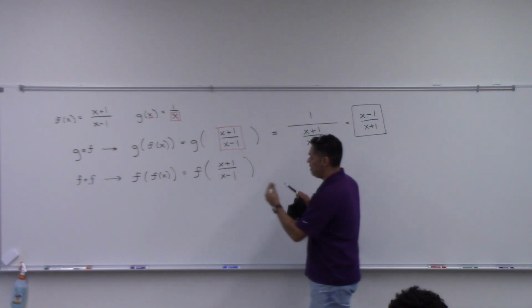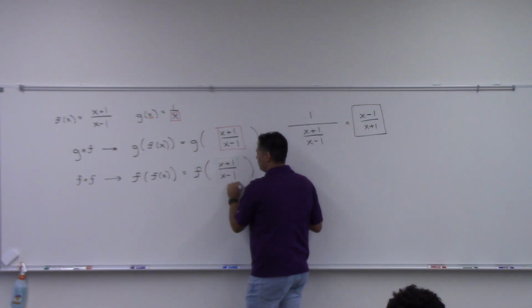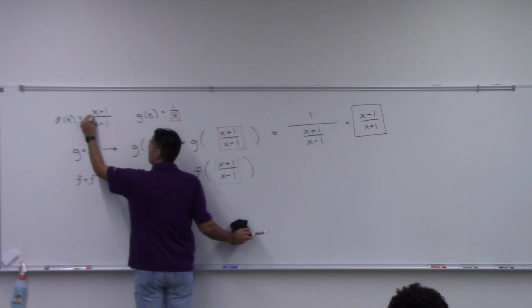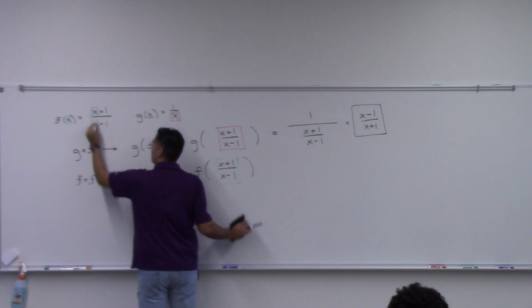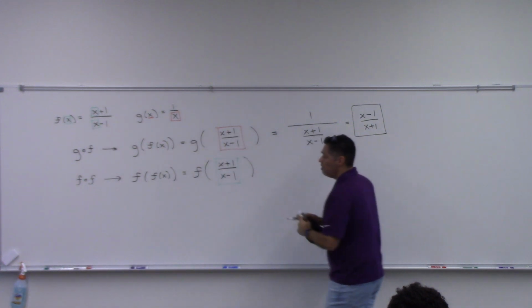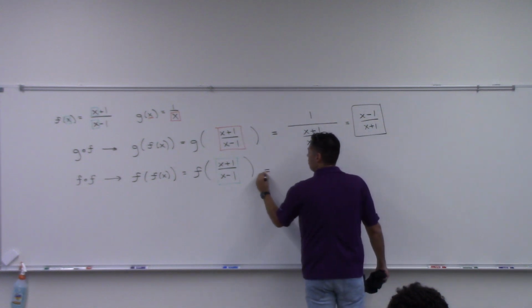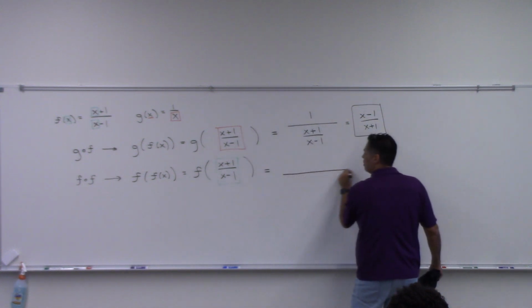Now, we're going to take this entire expression and plug it in right here, which means this gets replaced with it and this gets replaced with it. It's going to look absolutely terrible. It's going to be equals, f is this big fraction, right?